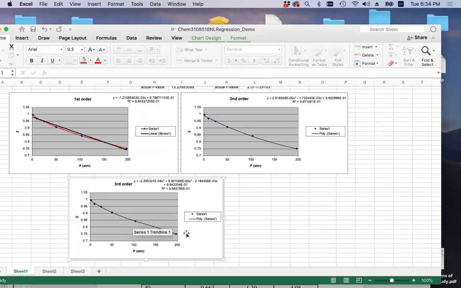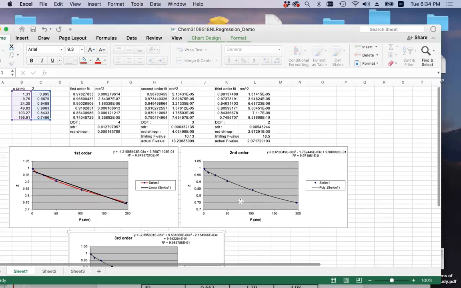But as a scientist, if I'm looking at this, I would say, well, there's only one extra data point out here. Are you really justified in knowing that the function described by this data is really curving around like this? I don't know. So there's probably not enough data to really justify using a cubic fitting term.